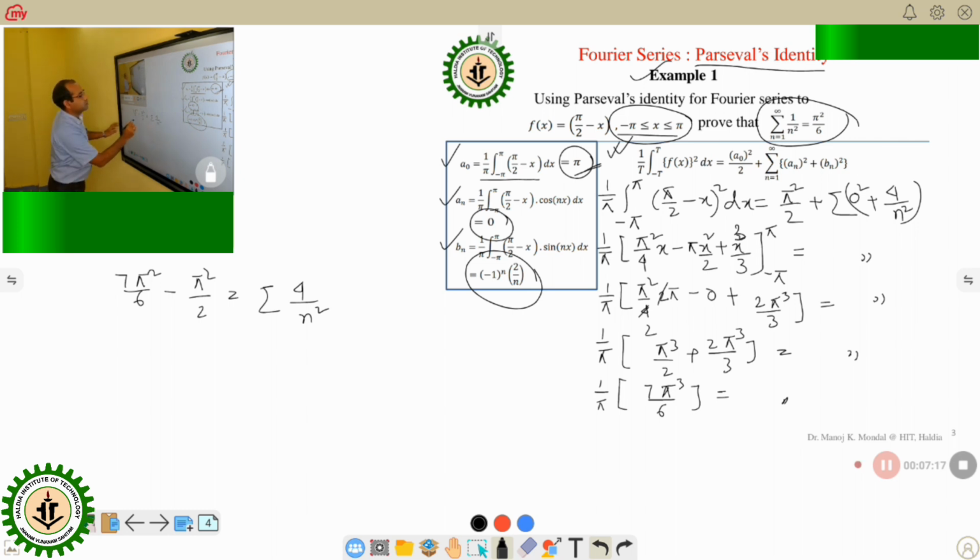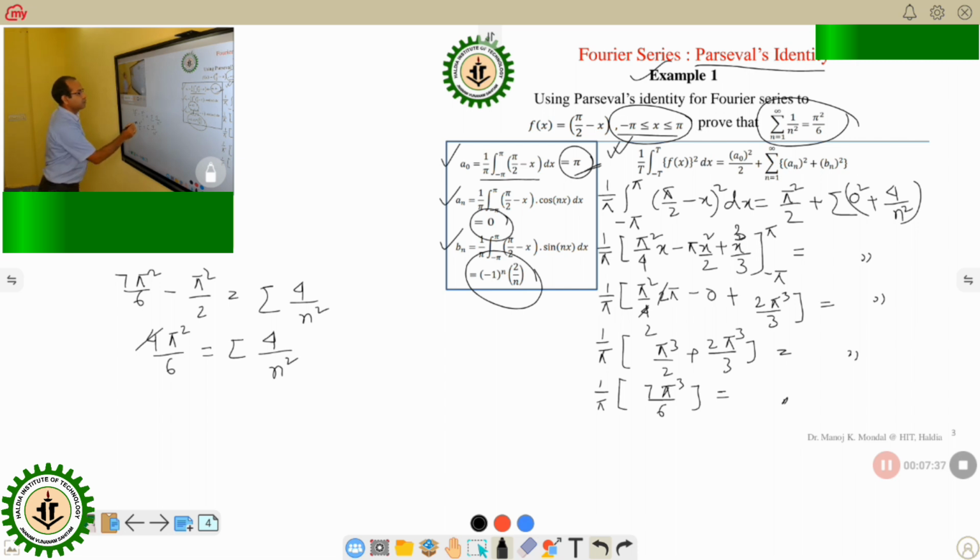This calculation we consider: 7 minus 3, 4 pi square by 6, that's equal to summation 4 by n square.